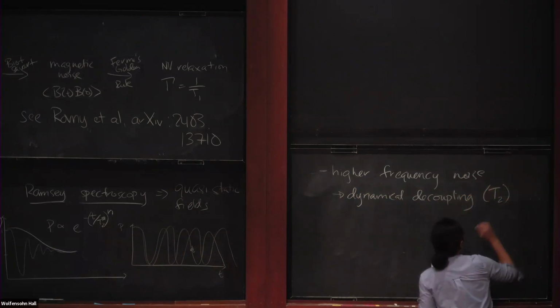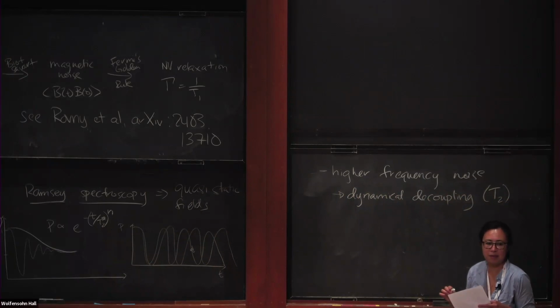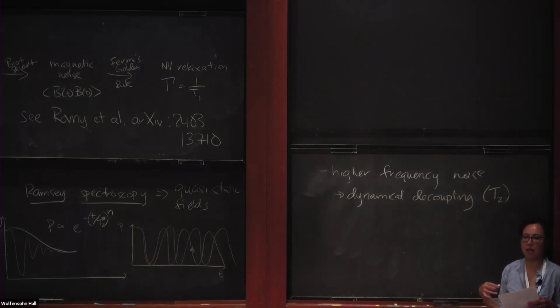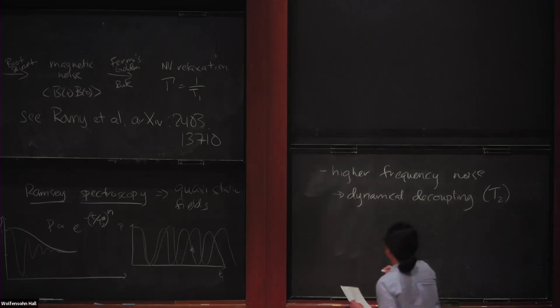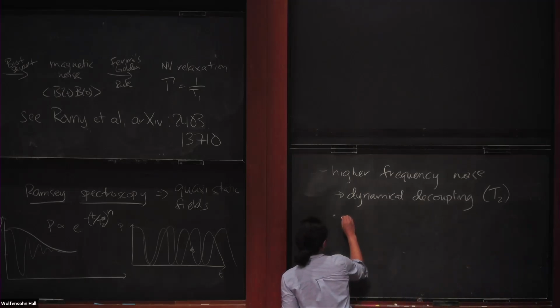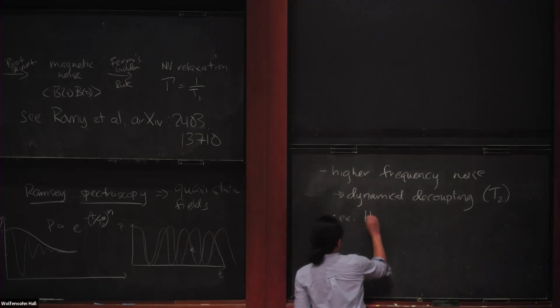Okay. And this is why there's a star on T2 star, because you can sort of trivially extend your coherence by just driving the system. So the paradigmatic example is the Hahn echo sequence.